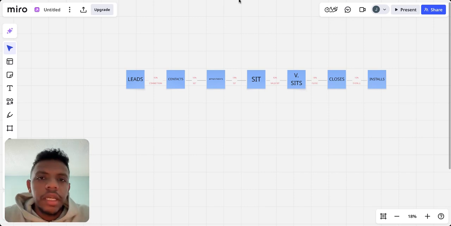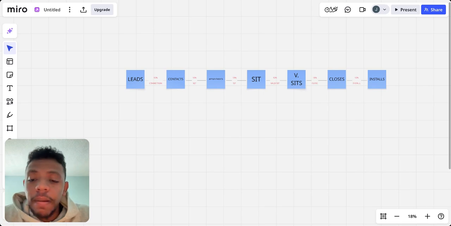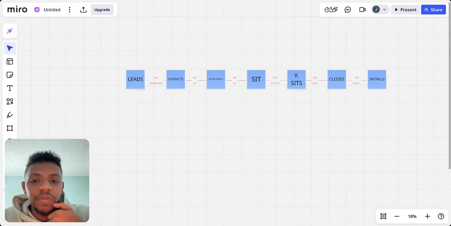So that is it for that. Again, action steps are to just track every single KPI over the next few weeks, and then we can go ahead and build from there.